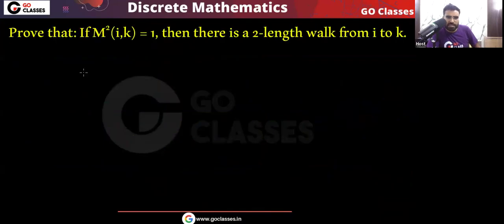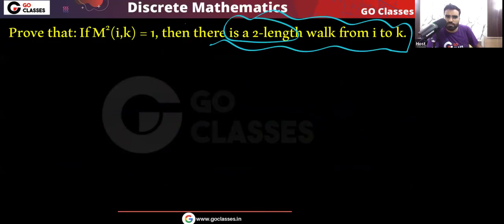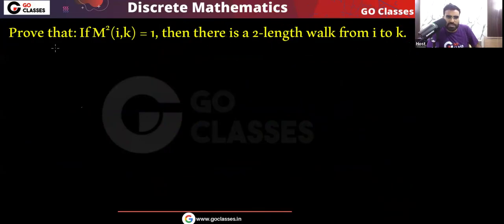The other direction is like this: in M power 2, if the ik entry is 1, then can you prove that from I to k there will exist a walk of length 2? Okay, this is also very easy to prove.